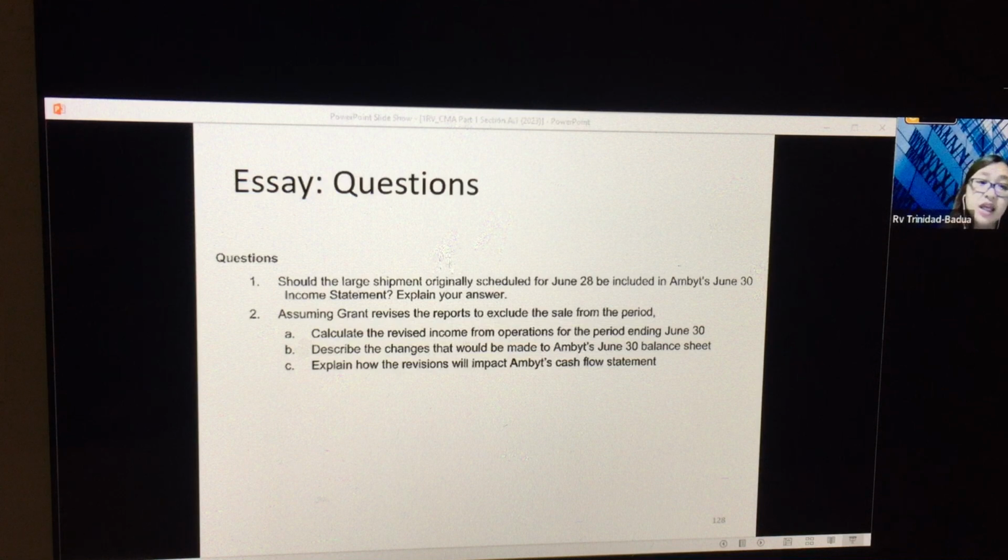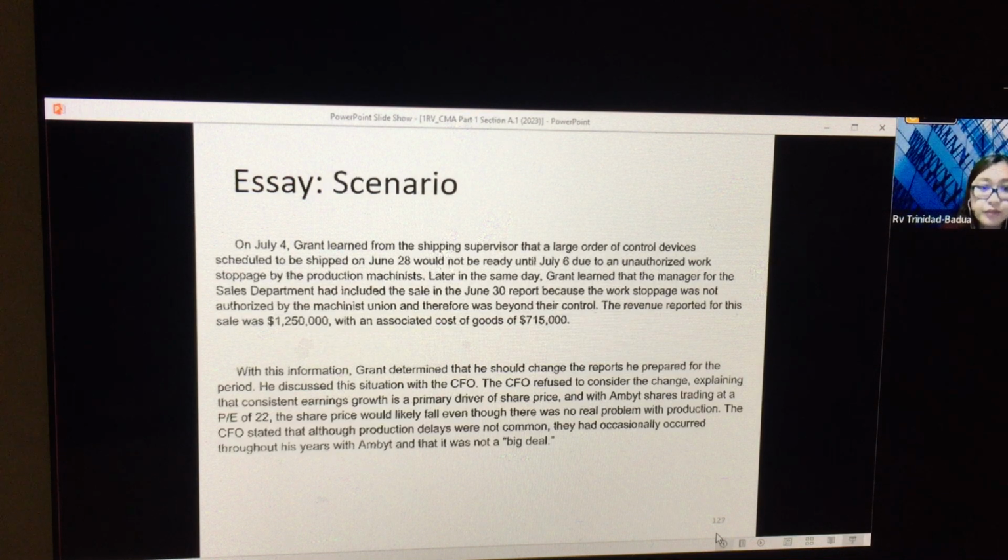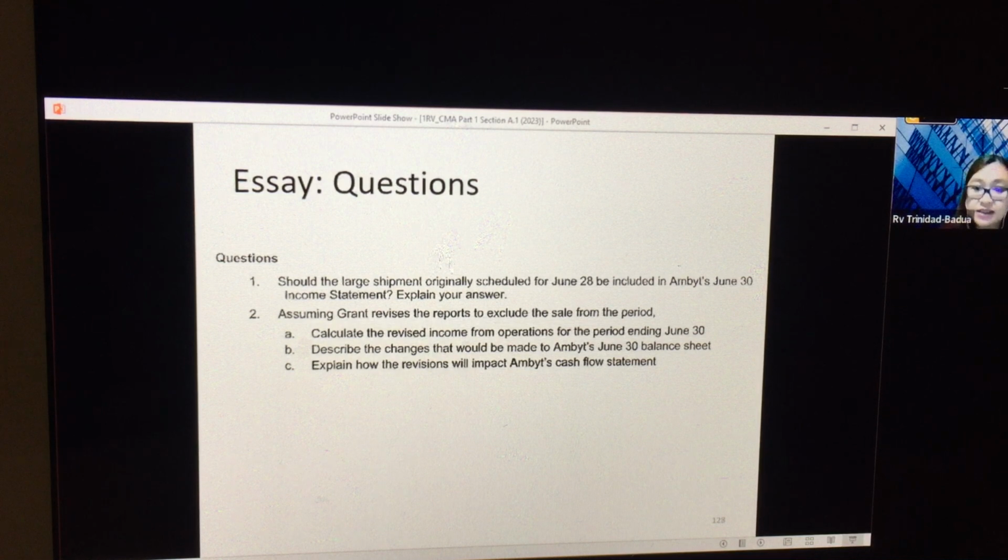So, itong large na shipment na to, it would not be ready. Scheduled to be shipped on June 28, it will not be ready until July 6 due to unauthorized work stoppage. So, ibig sabihin, the product was not delivered during the period. So, kung hindi siya na-deliver ng period na yan, dapat mo bang i-recognize yung revenue niyan?